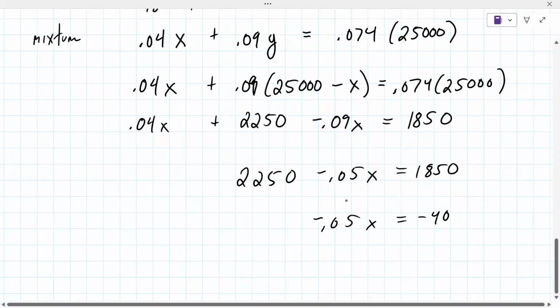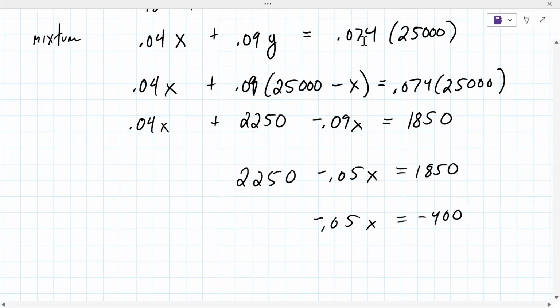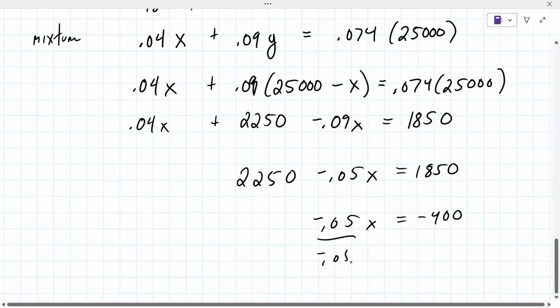By now, you should be very comfortable manipulating these equations. So x equals 8,000. The other thing you'll start to notice the more you do these problems is that wherever the mixture is, like if the mixture number 7.4 is closer to the 9, that means you're going to have more of the 9% and less of the other one.